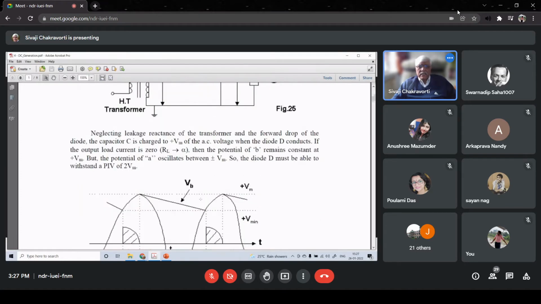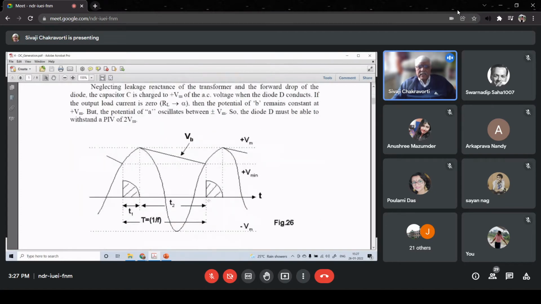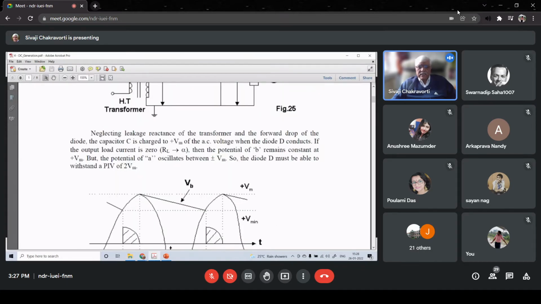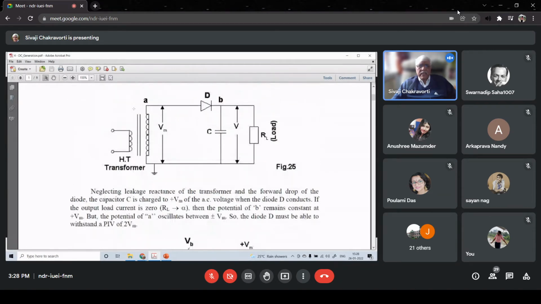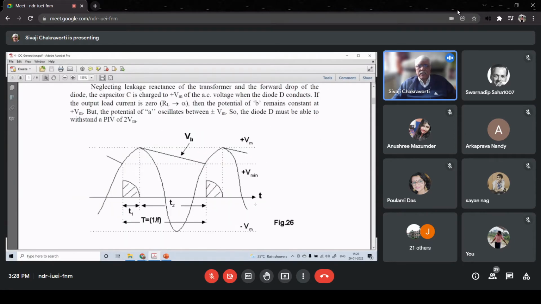But still, up to a certain theta, VA, that is the supply voltage, is still less than VB, which is the potential of terminal B after discharging. At a certain theta, the supply voltage at terminal A and the potential of B, which is due to the discharge, become equal in the next positive half cycle.